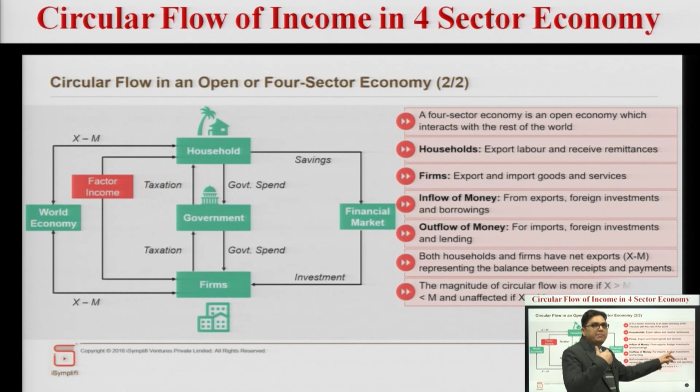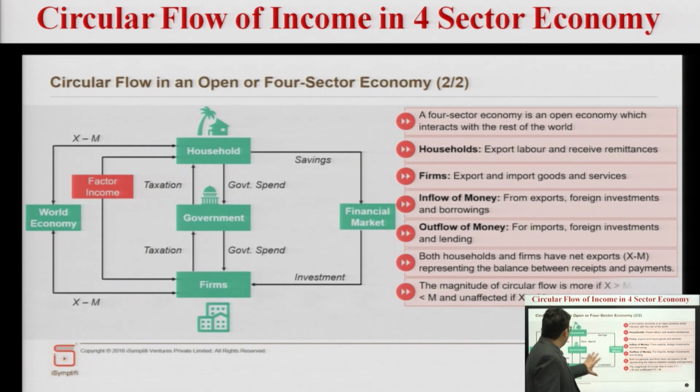Our companies are making investments in the rest of the world, so outflow of income will happen, or we are lending to the rest of the countries, therefore the outflow will also happen. Both households and firms have net export representing the balance of receipts and payments. If export is greater than import, it means your circular flow of income is high.